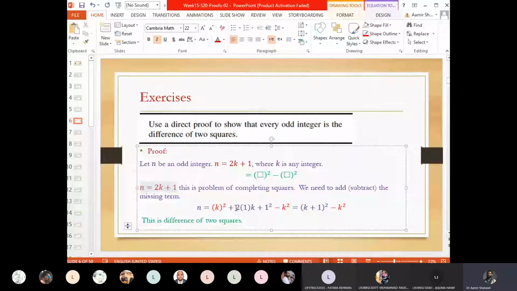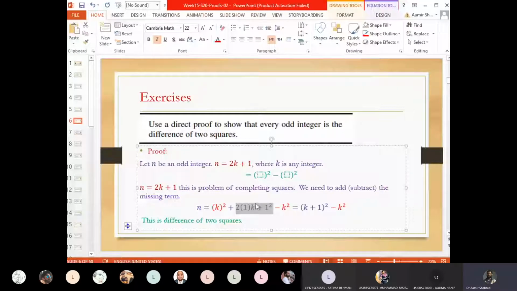So 2k can be written as 2 times 1 times k, and 1 can be written as 1 square. 2 times 1k plus 1 square is 2k plus 1. यहाँ पे it's just like 2 times a times b plus b square, और a की टर्म क्या बन रही है? This is k.